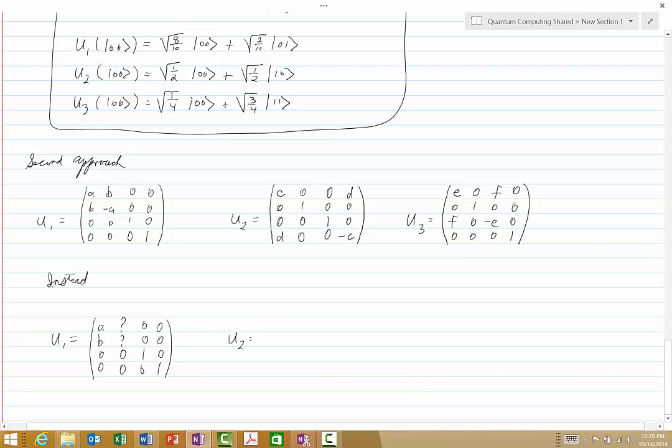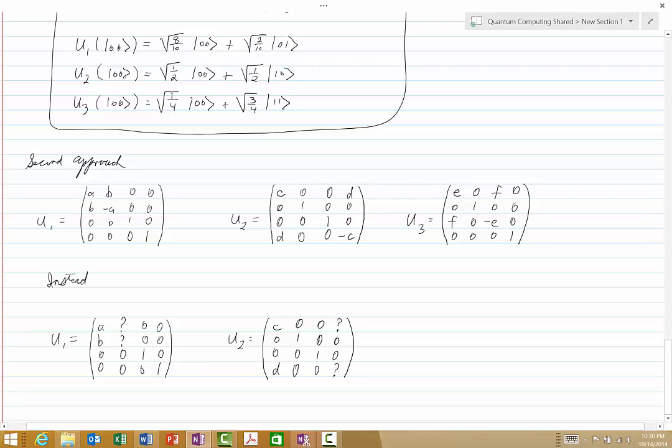Now, likewise, for U2, we definitely know that the first column is C00D, and since U2 acts trivially on 0, 1, the second column must be 0, 1, 0, 0, and since U2 acts trivially on 1, 1, the third column must be 0, 0, 1, 0. But for the fourth column, we're not sure of how U2 acts on 1, 0, and so we just know we have a 0 in these two places, but in the top and bottom entries in that column we don't know, so we'll put question marks.